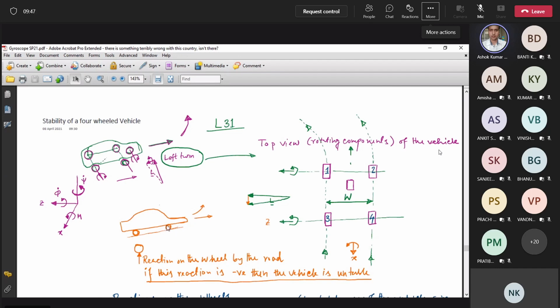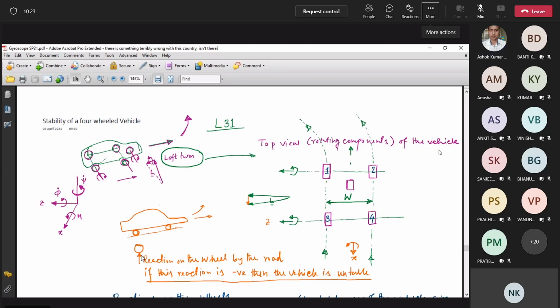When that reaction is positive, the wheel is in contact with the ground or the road. But suppose that reaction crosses zero and becomes negative. That means there will be no contact.